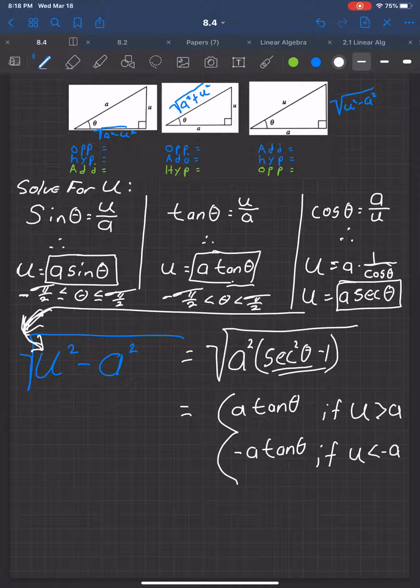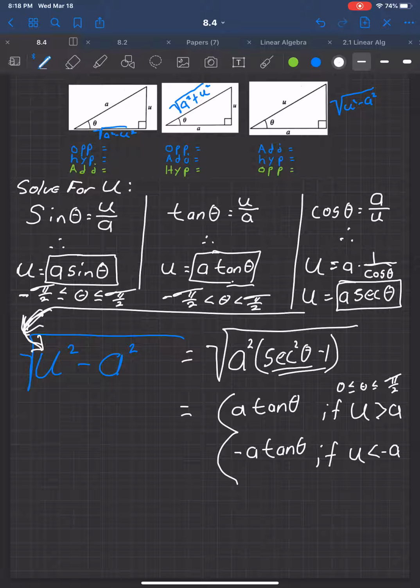Down here, that last one, remember, we have a piecewise function for this secant problem, for this specific type of right triangle. This should be your theta, within 0 and pi over 2 for that top piece of our piecewise.